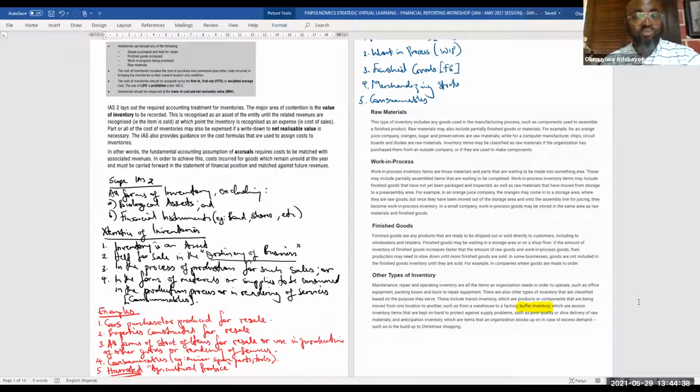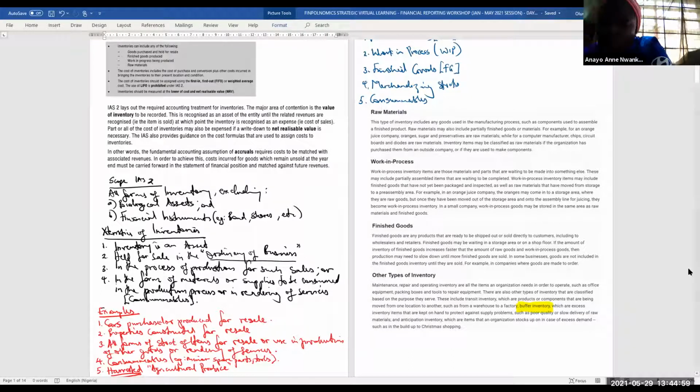But if it is to maintain the functionality of another asset, which constitutes an item of PPE under IAS 16, such will be treated as a component part of PPE. Does that make sense now? Yes, it does. Thank you very much.